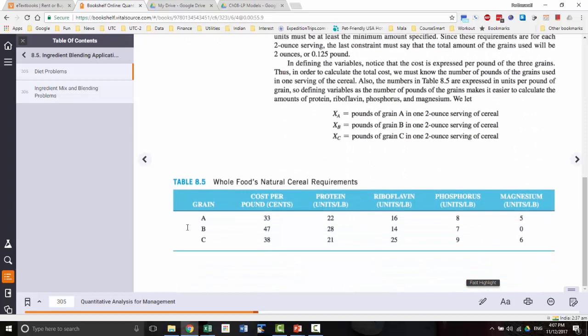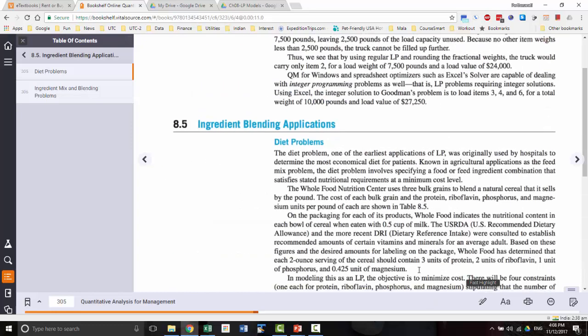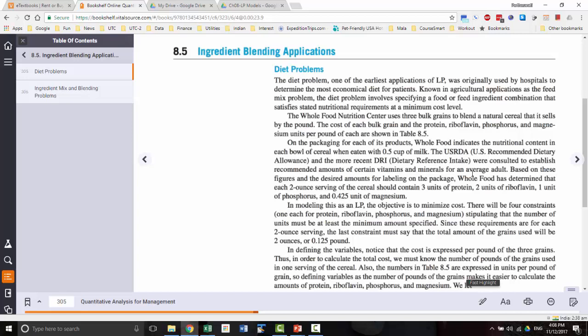So you have to mix these in such a way that you get 2 ounces of final product and the cost is minimum. And when you figure out how much protein, riboflavin, phosphorus and magnesium that 2-ounce mix will have, that should meet these requirements. So that's the blending problem for us.